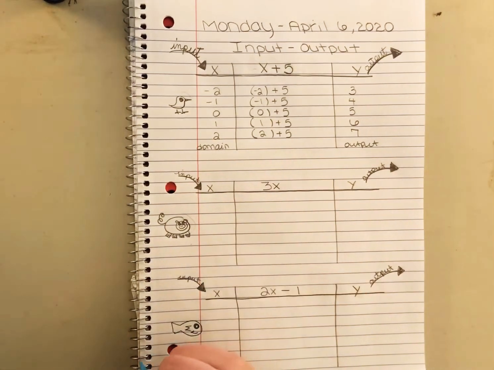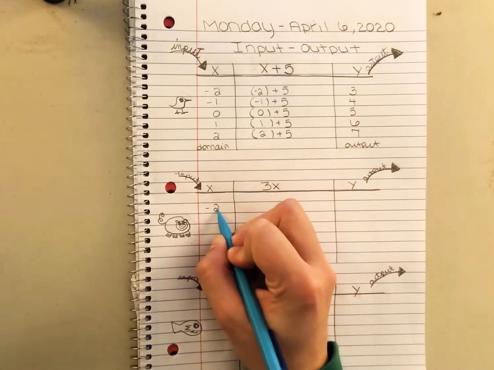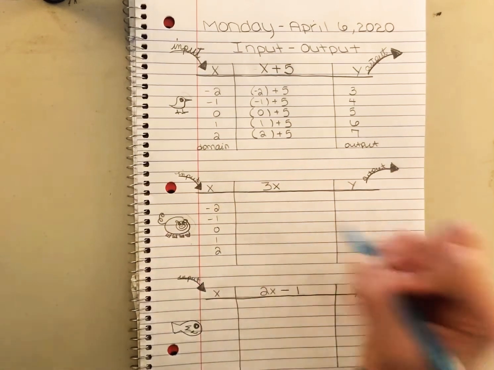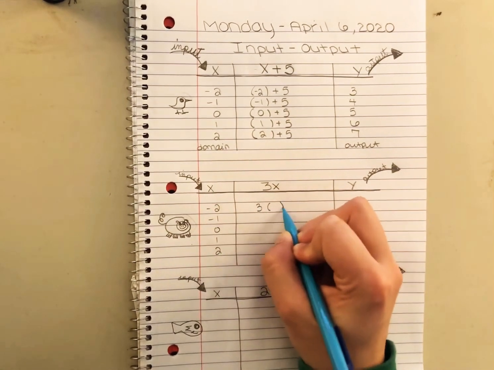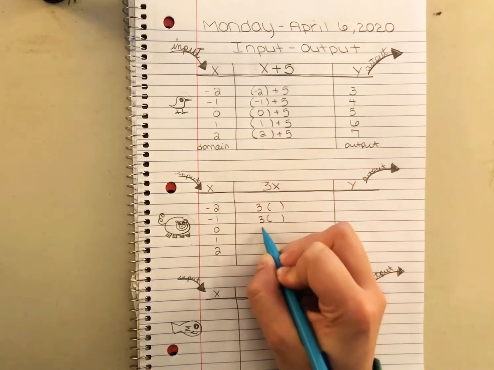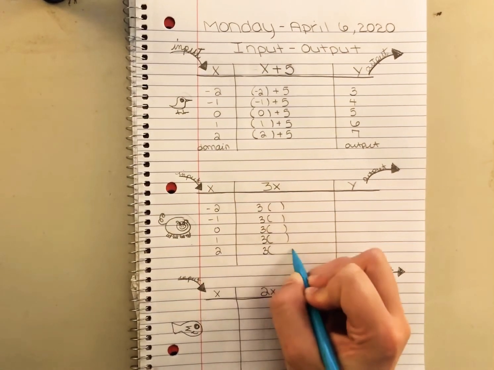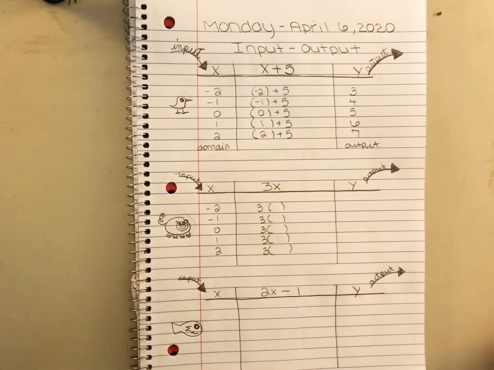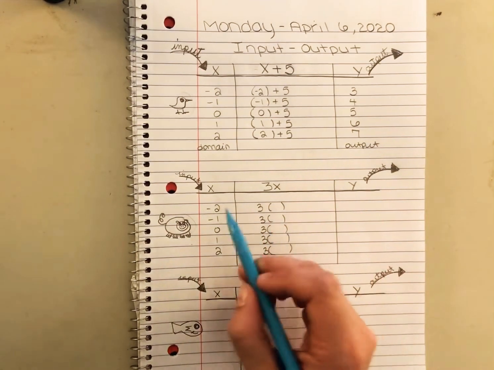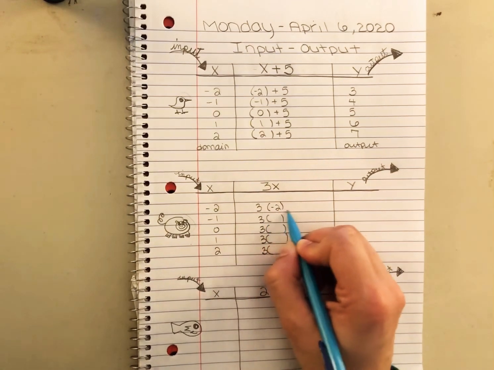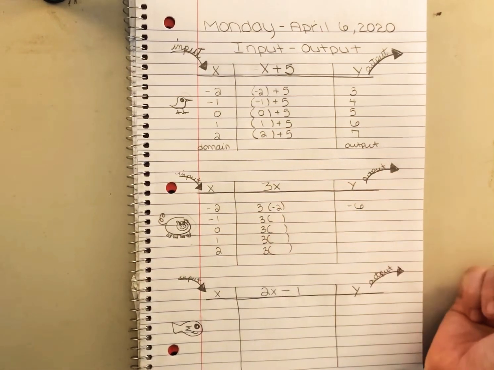There's no values picked, so we would pick -2, -1, 0, 1, and 2. I'm just going to make that empty function table all the way down. Okay, and now we're just going to plug stuff in and evaluate. So when the x value is -2, the output value is -6.